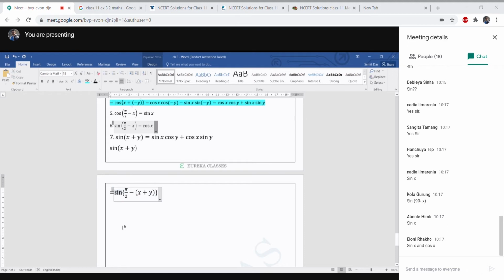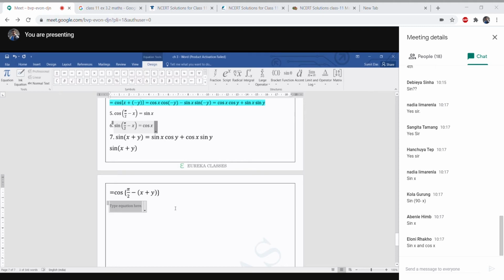So cos of pi by 2 minus, x plus y. Next line, we will write cos in bracket, pi by 2 minus x, minus y. Okay, this one in one bracket.